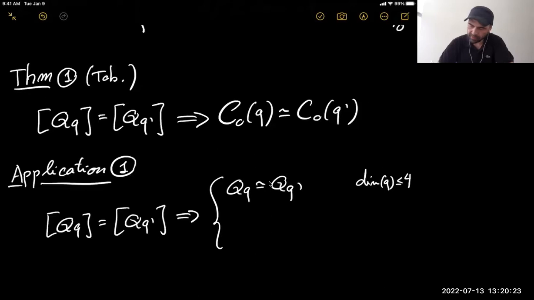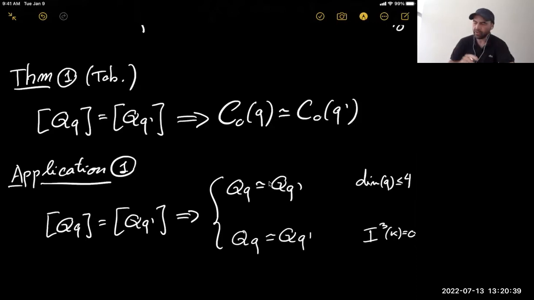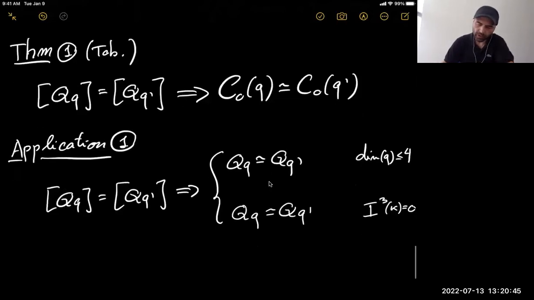Another possibility is that, so this is in low dimensions for any field, but if you restrict to those fields where the third power of the fundamental ideal vanishes, then in this case you have this isomorphism independently of the dimensions. So let me rephrase this application in a more concrete way.